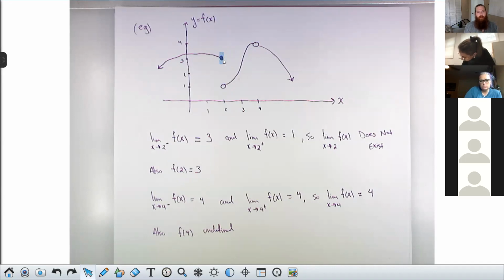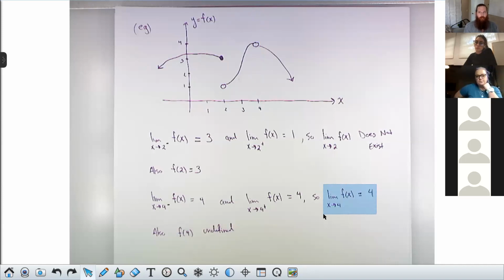It's this one, and its y value is 3. If we look above x equals 4, there is no point. There's just the hole. So there is no y value associated with x equals 4. There is no output on this graph when you plug in x equals 4. So f of 4 here would be undefined, even though the limit exists.